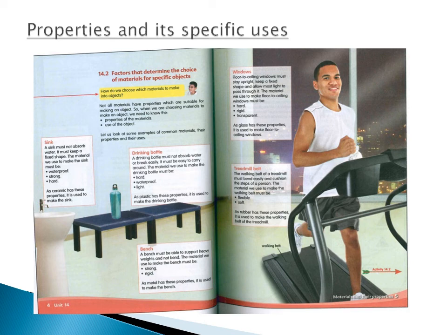Let's take the example of those stools which are there for sitting, the benches. Now, can we make benches of materials which are very soft and very delicate? No, because we need these benches to last for a longer time, to absorb a certain amount of weight. So they have to be made of material which is very strong, very rigid, okay?